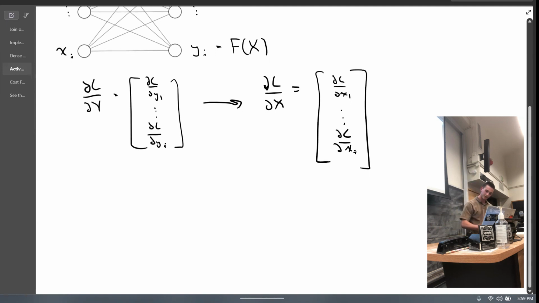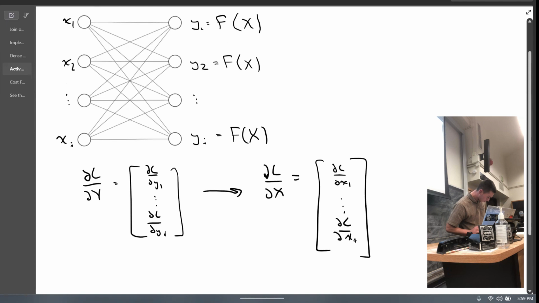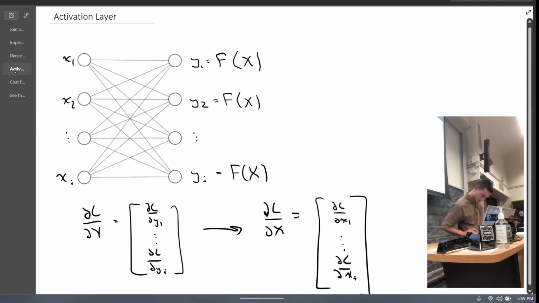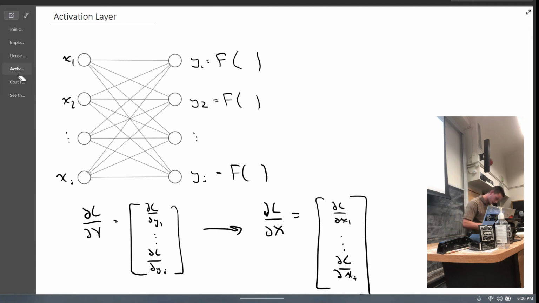And again, let me rewrite something here real quick. And so we're just applying the activation function to each specific node.